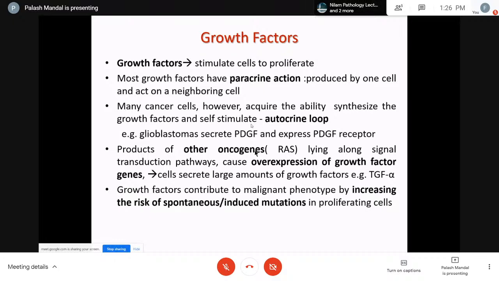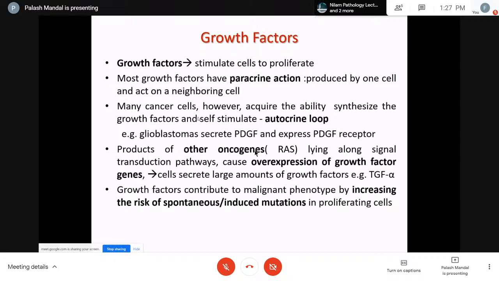Okay. Now the products of other oncogenes like RAS protein or the RAS gene, they are lying along the signal transduction pathways. They cause overexpression of growth factor genes. Okay. So what does this mean?